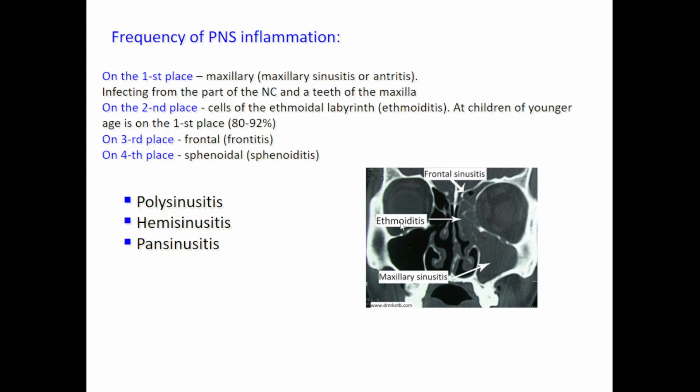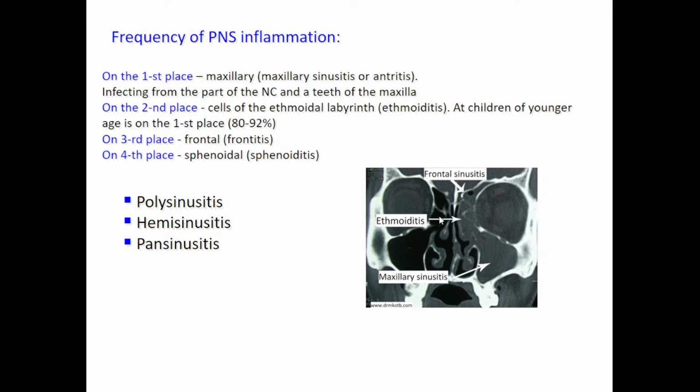But you must remember that in children of younger age, ethmoid cell inflammation is met more often than maxillary sinus. It is connected with the fact that in childhood the maxillary sinus is not well developed, and the sinuses with which a child is born are the ethmoidal sinuses.